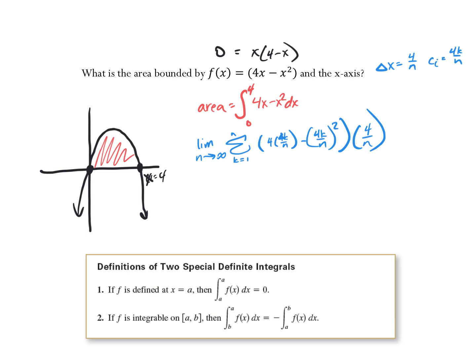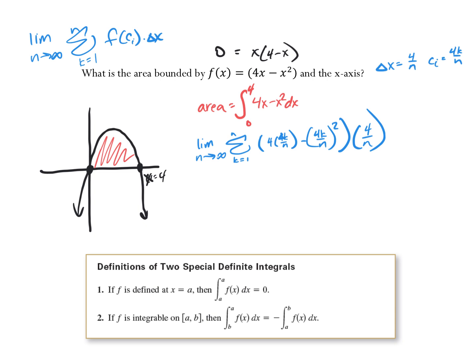And that C sub i, just plug it in for x in the function. Because the general form is that you're taking the limit as n goes to infinity of the summation, k equals 1 to n, of f of c sub i times delta x. How do we get delta x?